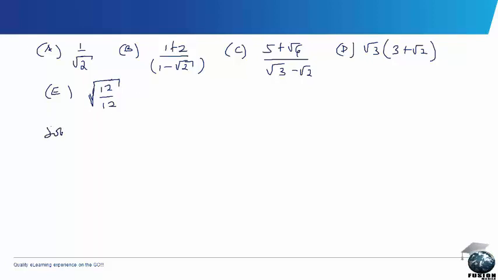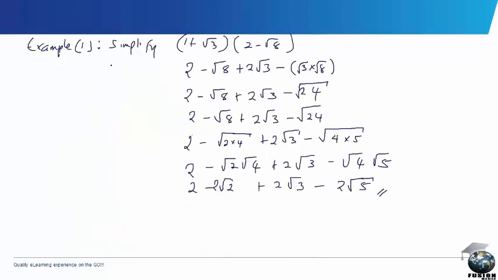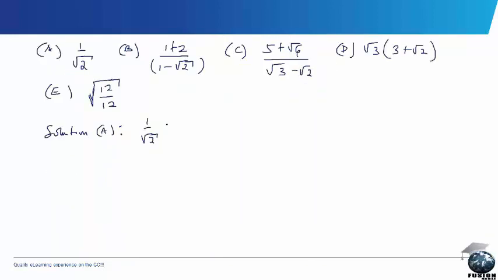Alright, we take the solutions as follows. Solution a, remember in a we are given 1 over root 2. Our law number 3 states that when you are given a number and a root as a denominator, all you have to do is to take the denominator and multiply both sides.